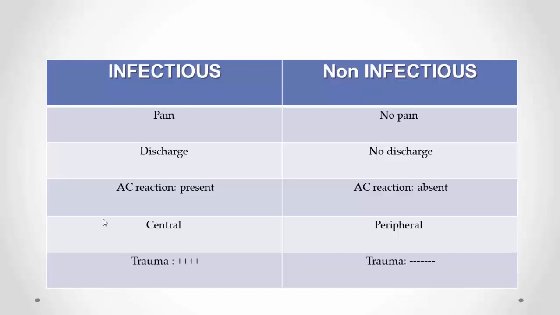In infectious keratitis, the ulceration and infiltration are usually central, while in non-infectious keratitis they are peripheral. A history of trauma is usually present in cases of infectious ulcer, while in non-infectious cases it is usually absent.